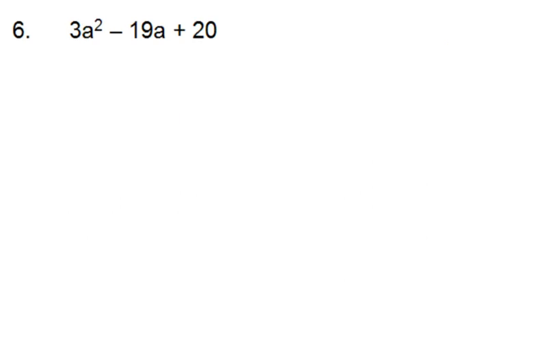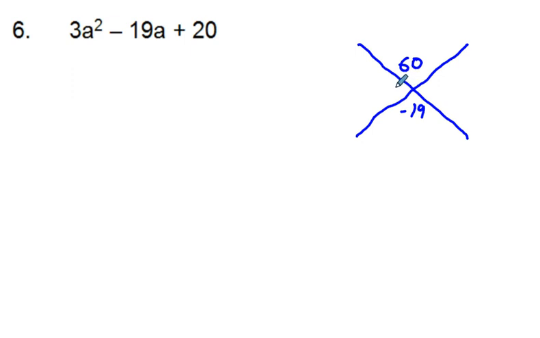Okay, now number 6. 3a squared minus 19a plus 20. Here we're using a instead of x, but that shouldn't be any hindrance to us. So AC is going to be 3 times 20, or 60. And b is equal to negative 19. So what are our possible factors here? We're going to have a negative times a negative.